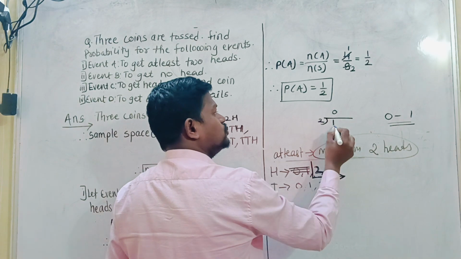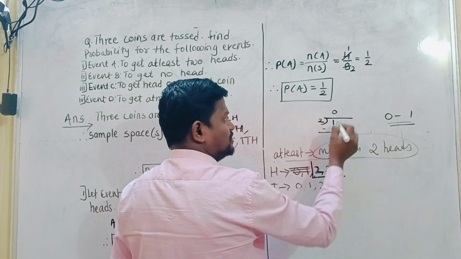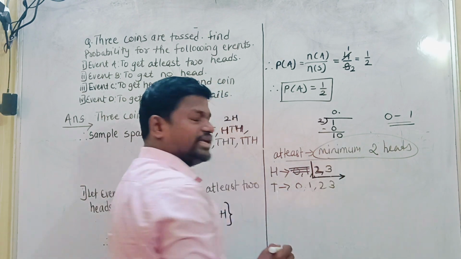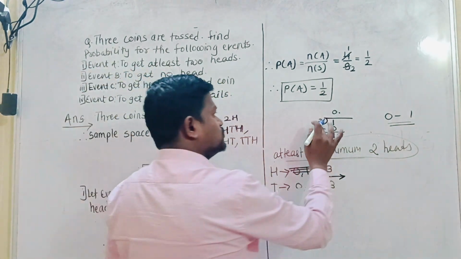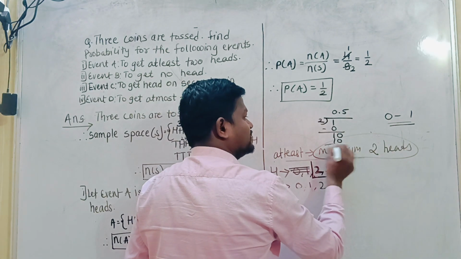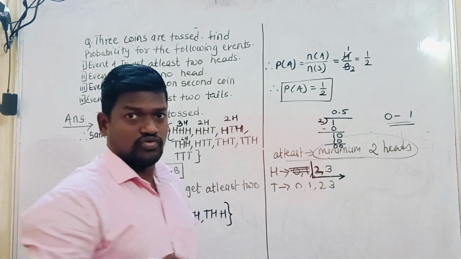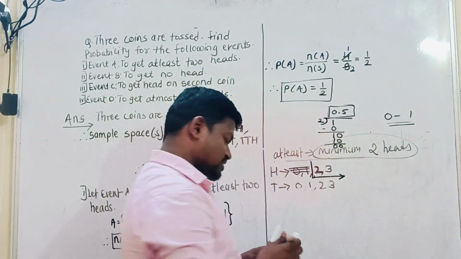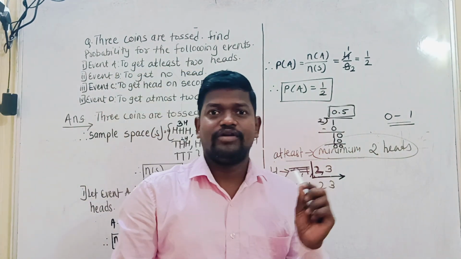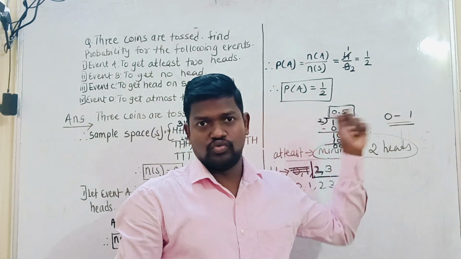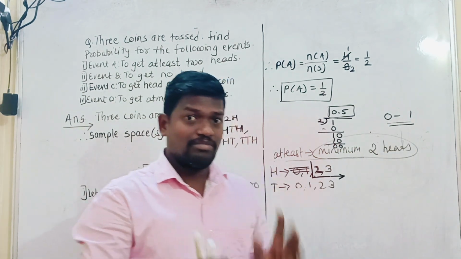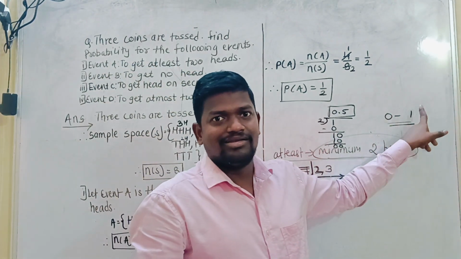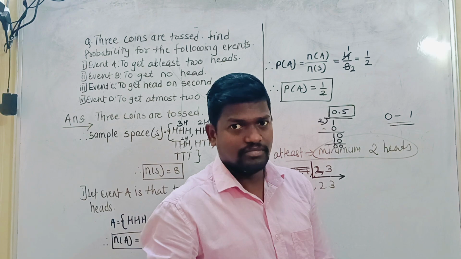We get 0.5, right? Our answer is 0.5, which means it is between 0 and 1. So probability always comes between 0 and 1, not more than 1.